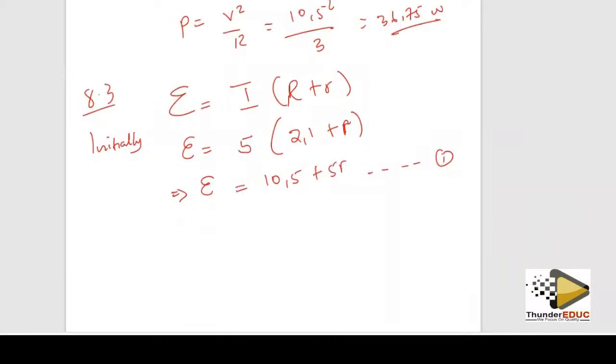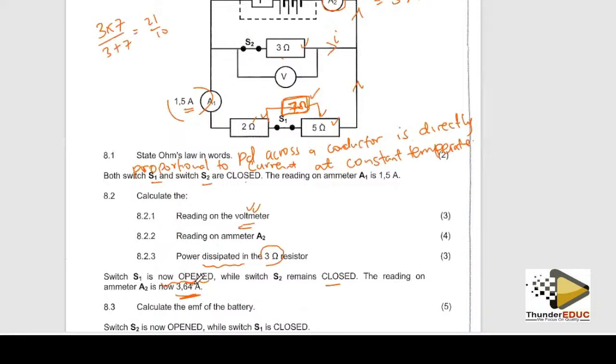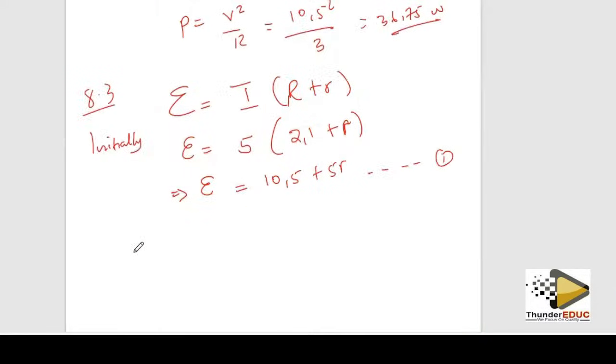And then now when I look at the condition that has been given, the ammeter reading changes to that. So which means my EMF, currently now, the current is 3.64.